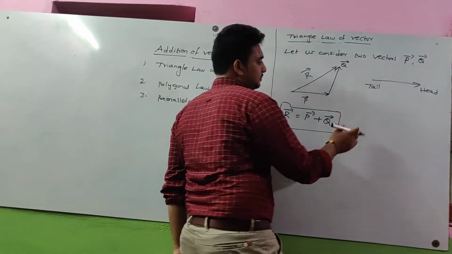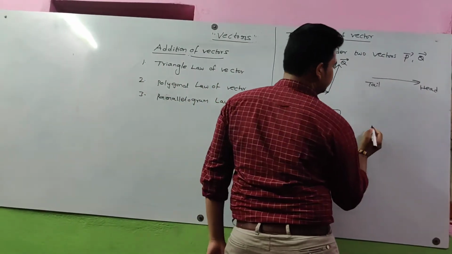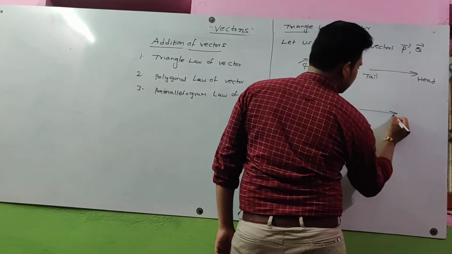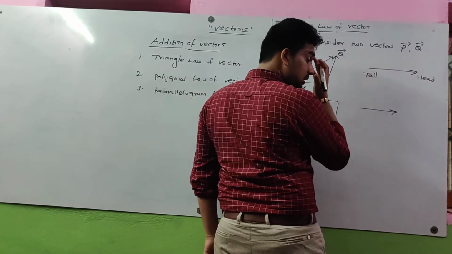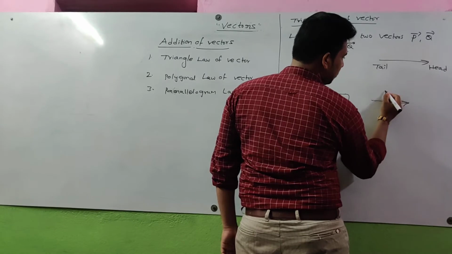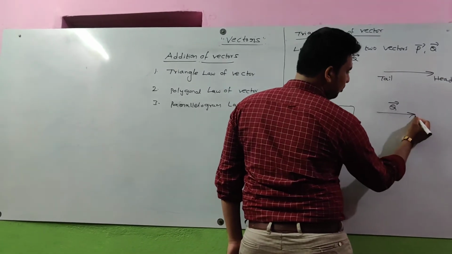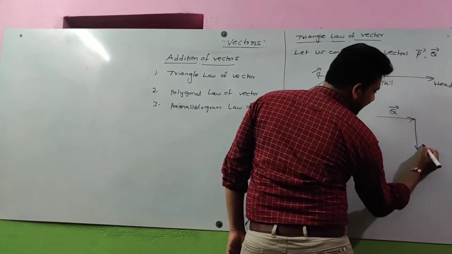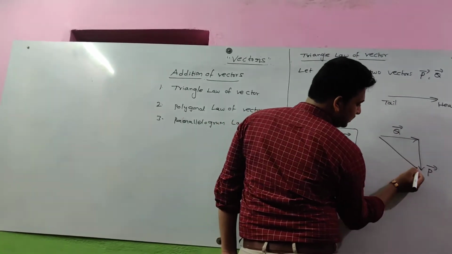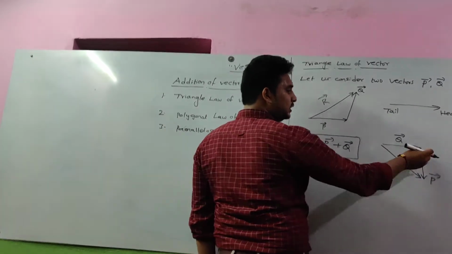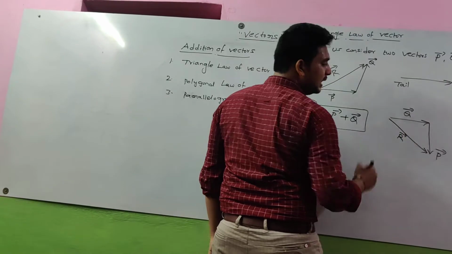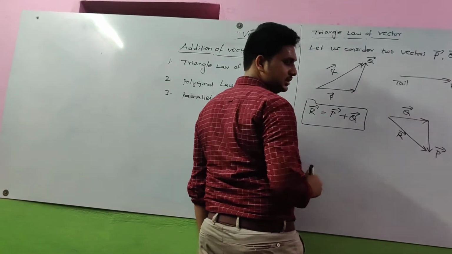So now I draw. If you consider the head part of Q bar, it is now connected to the tail part of P bar. So now the third side also represents the resultant of these two vectors.